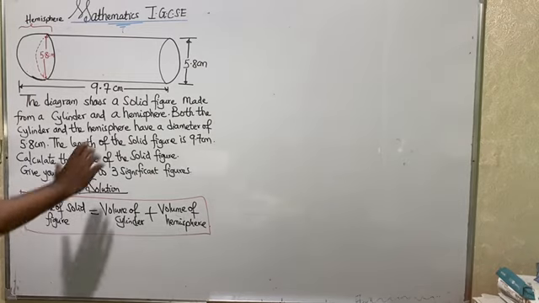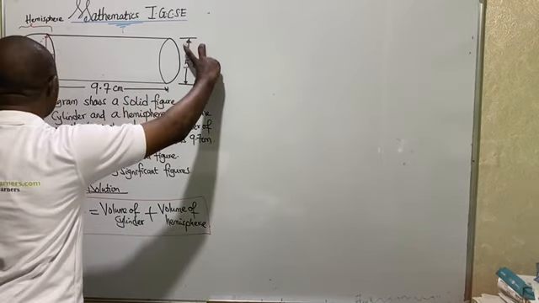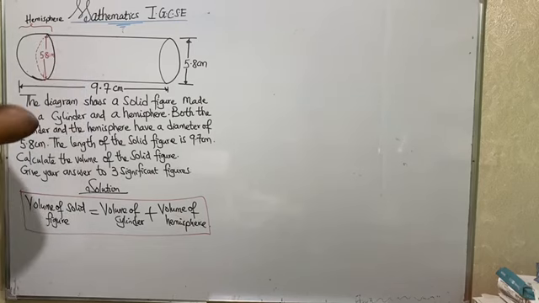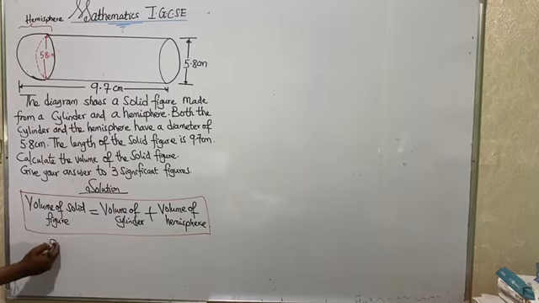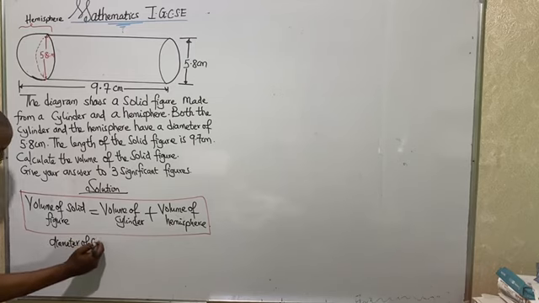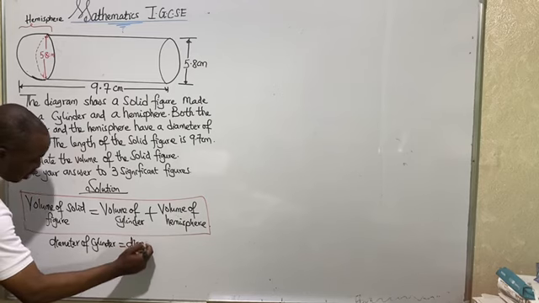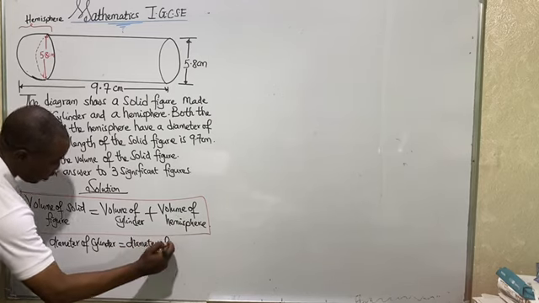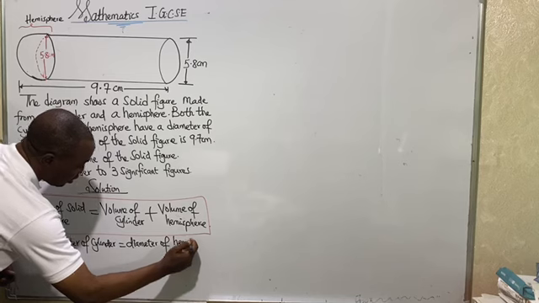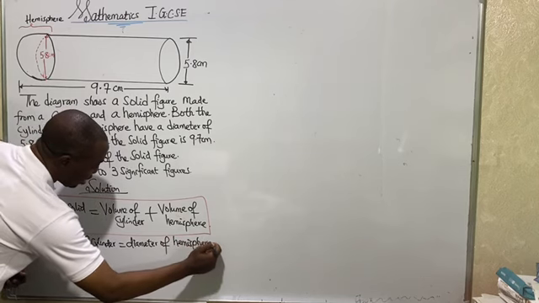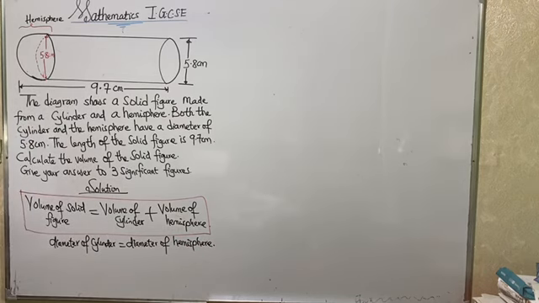Then also we are given that the diameter of the cylinder and the diameter of the hemisphere are the same. So the diameter of the cylinder equals the diameter of the hemisphere.